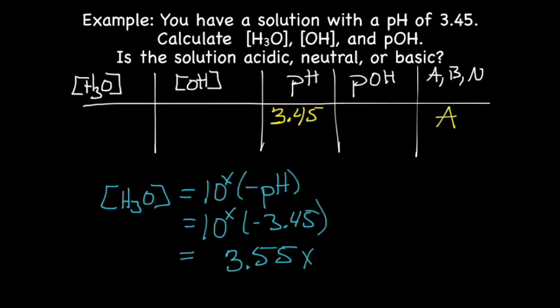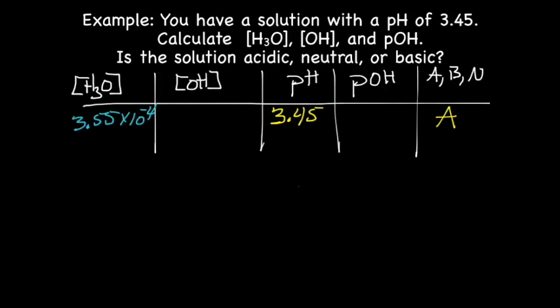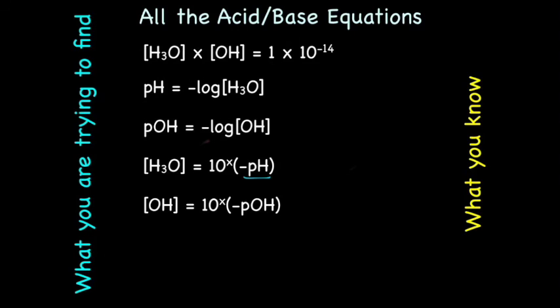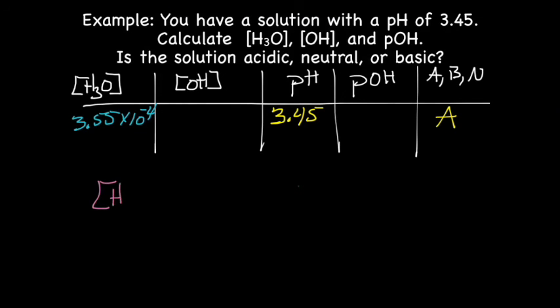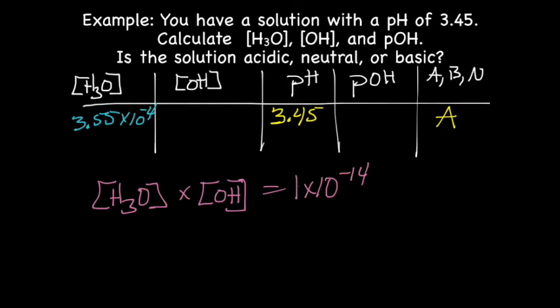3.55 times 10 to the negative 4, 3 sig figs. Okay. So now that I know H3O, let's see. I can figure out concentration of OH. So concentration of H3O times concentration of OH equals 1 times 10 to the negative 14th.